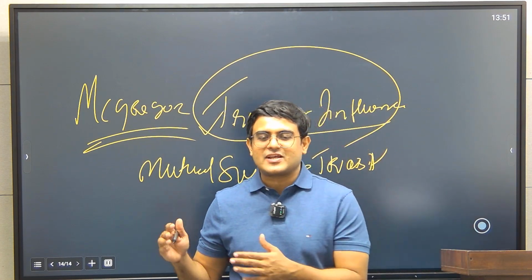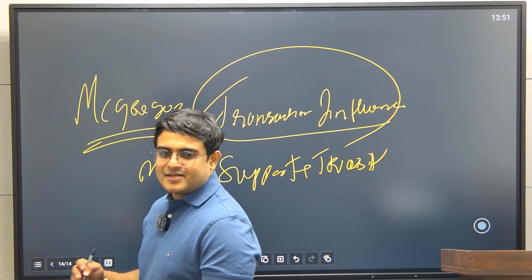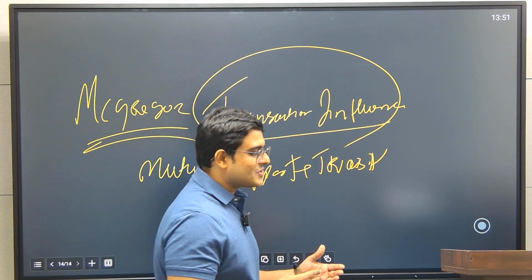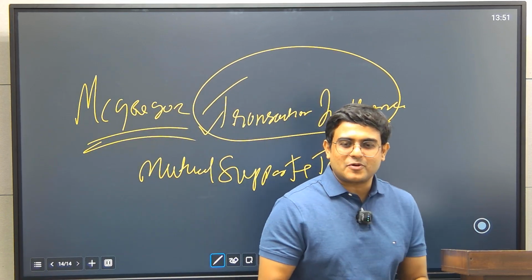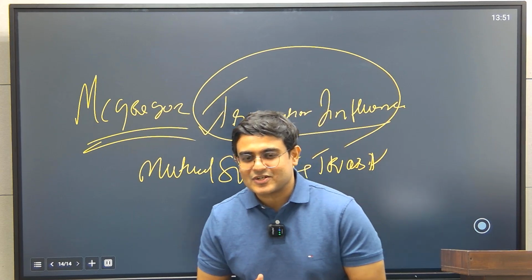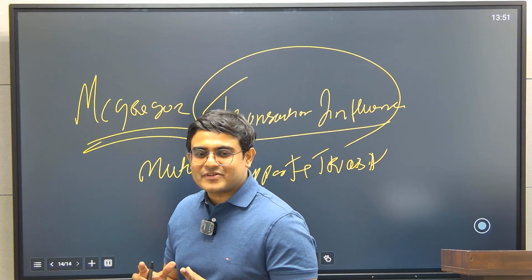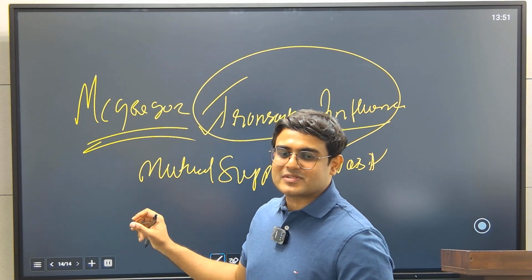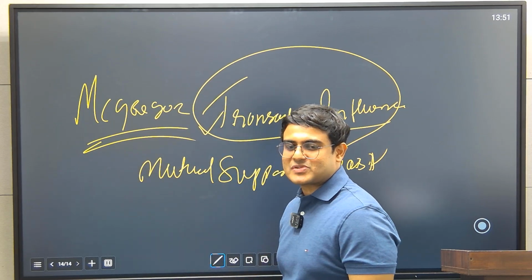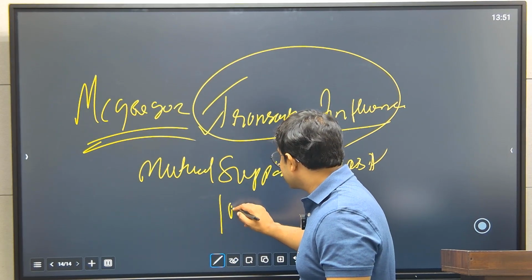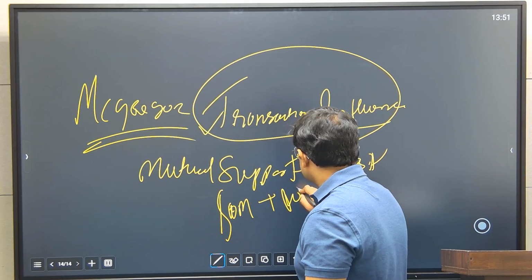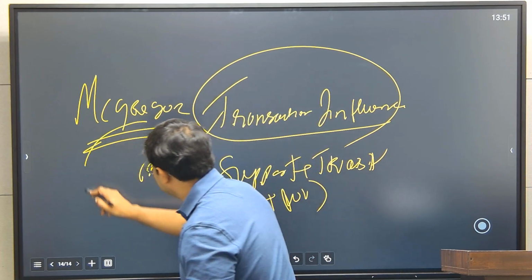Suppose the IPS officer, the SP of that district, is a manager; he should ensure mutual support and trust among the subordinates when there is integration of organizational motives with the workers' values. If this integration happens, organizational motives plus workers' values, then there will be transactional influence.